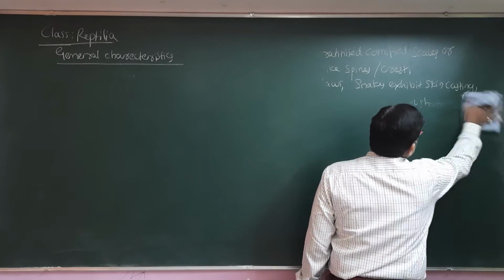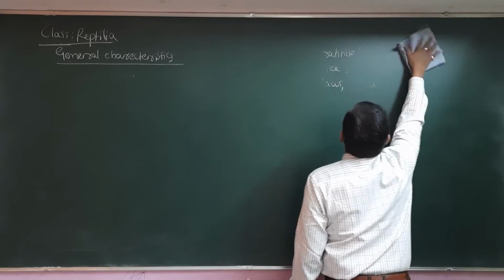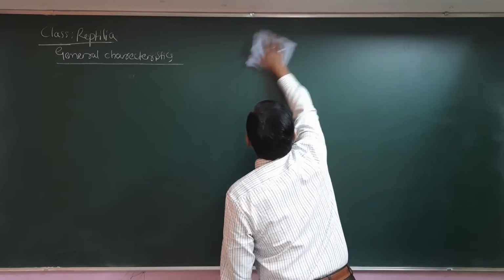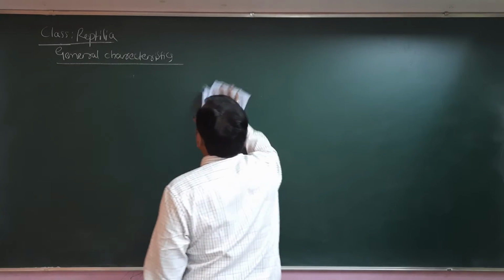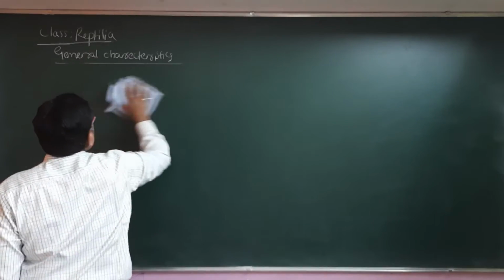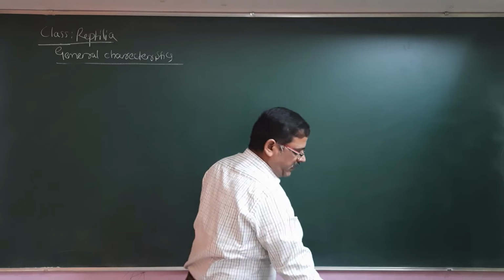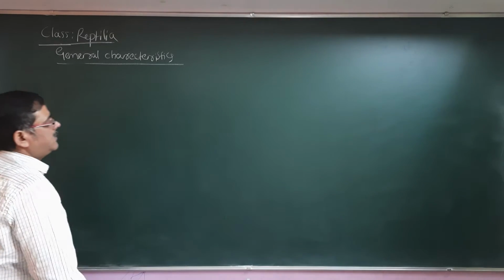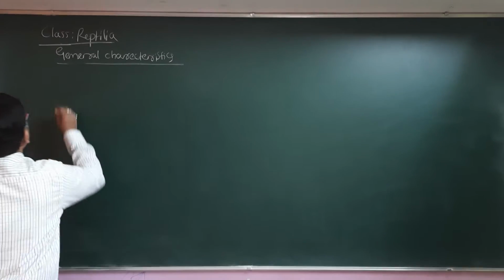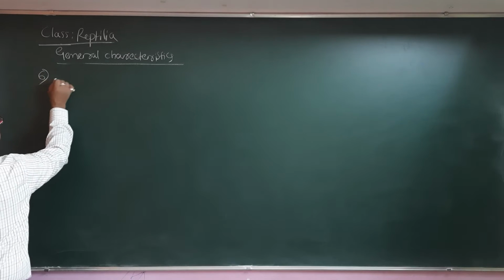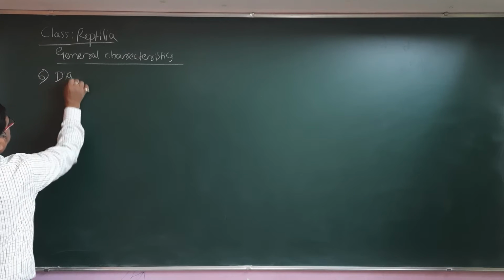Almost all of these reptiles are carnivores, but the land tortoise is mainly a grass-eating herbivore. Now we are going to discuss the sixth important point, the digestive system.